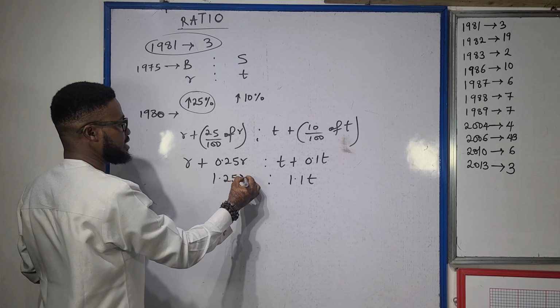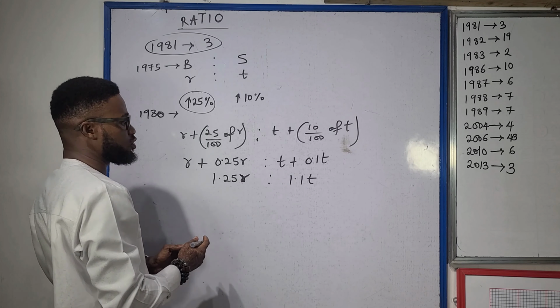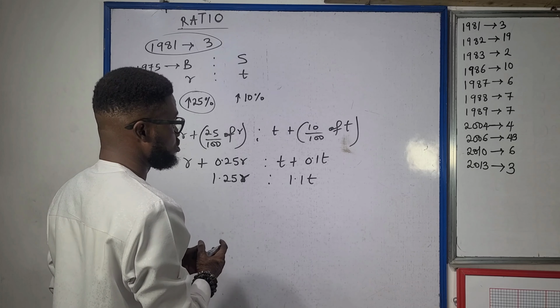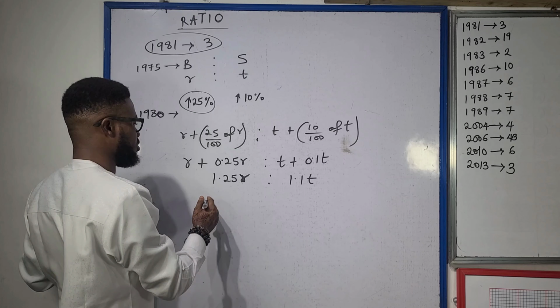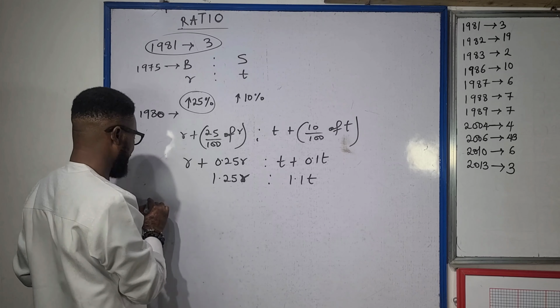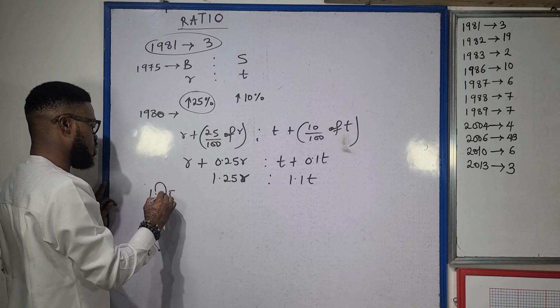So this is like the new ratio. Of course, our ratio should be in whole numbers. So if I'm to convert this to a whole number, I have to move the decimal of 1.25 twice.